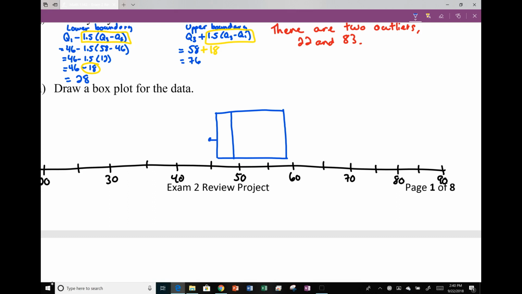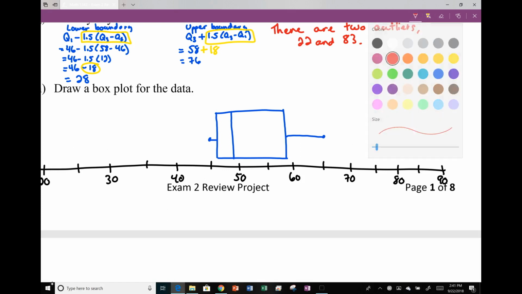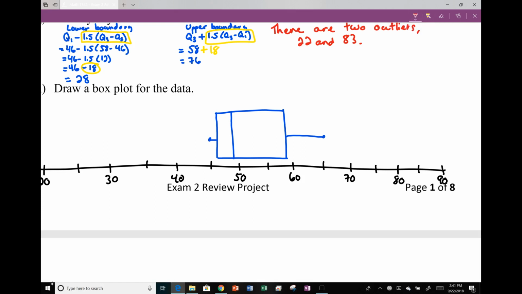We go to 65, and we draw a whisker. Now I have not included the 22 and the 83, which were outliers. When we include those, they are included as asterisks. So there's 22, here's 83. Our outliers are considered asterisks.